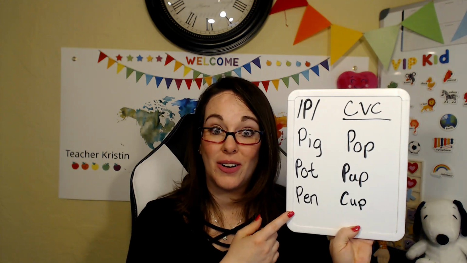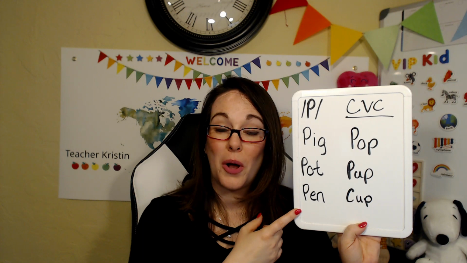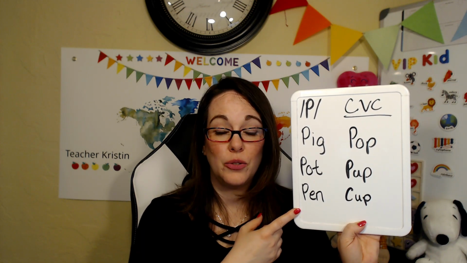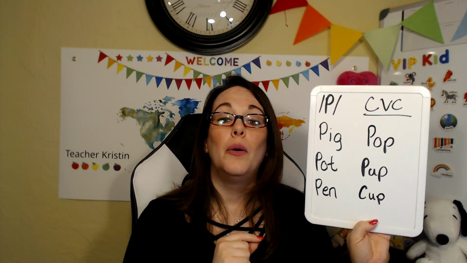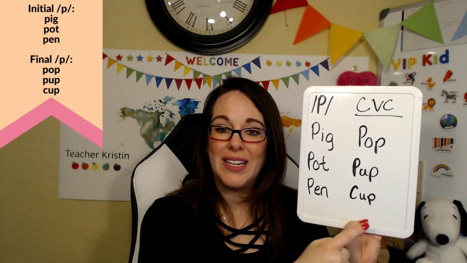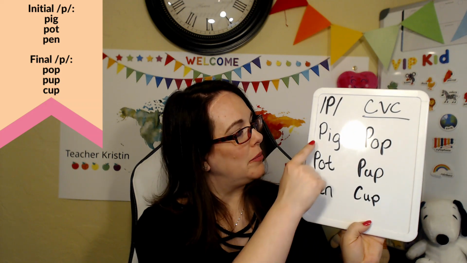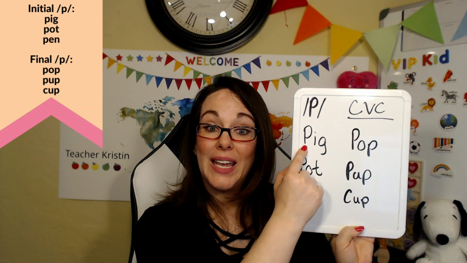You can do this with each of our words on our list that we talked about. Teaching your children words while playing with blocks is a great way to not only introduce new sounds, but to introduce the same sound but in different positions of the word. So here in pig, it's at the beginning of the word, P, pig.